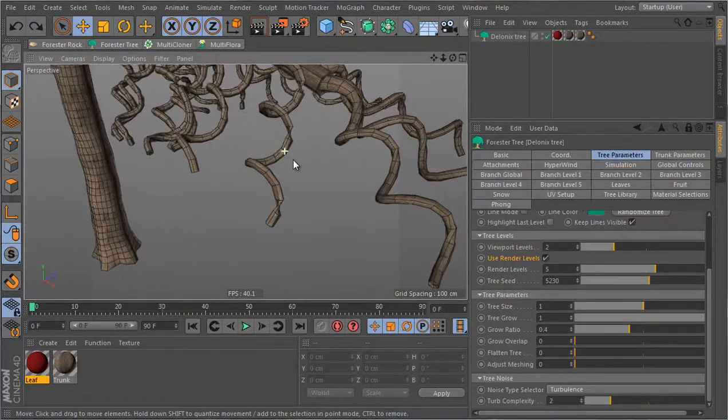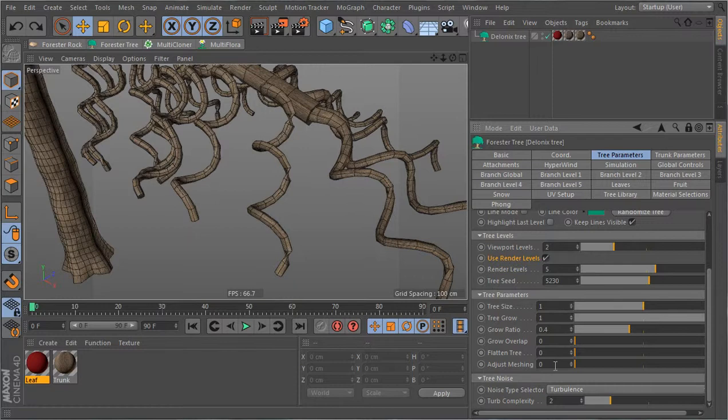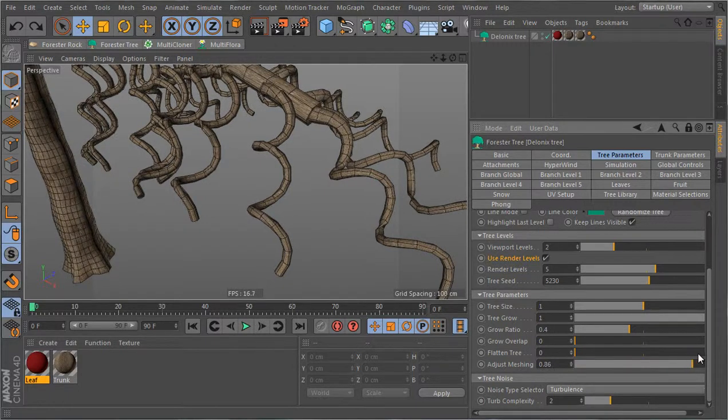Now, in case you do increase the waviness and the branch segments and you get twisting along the meshing of the branch, what you need to do to fix this problem is to go to tree parameters and go under adjust meshing, and here you can increase this value to actually fix the up vector of the orientation to unwind the twisting.